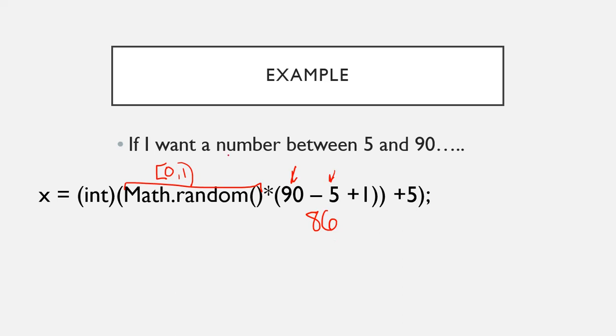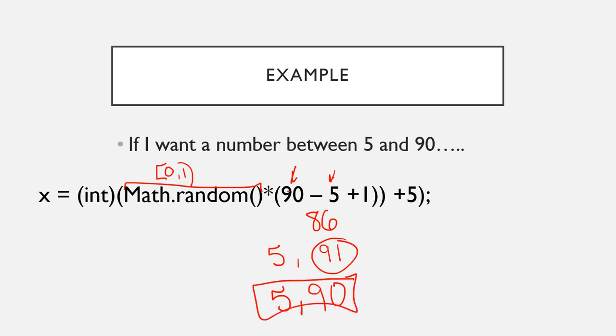So that will give me numbers between 0 and 86, but not including 86. If I add 5 to that, it's going to give me numbers between 5 and 91, but not including 91. If I int this information, we're going to get numbers between 5 and 90. So that's actually how it works.